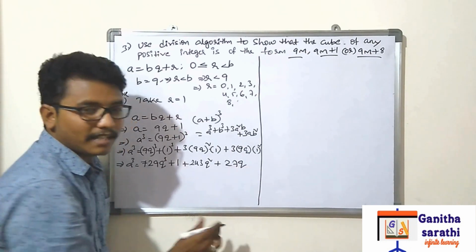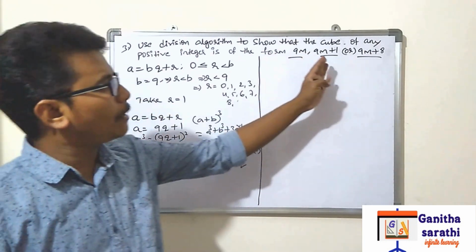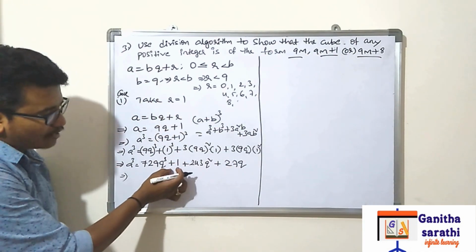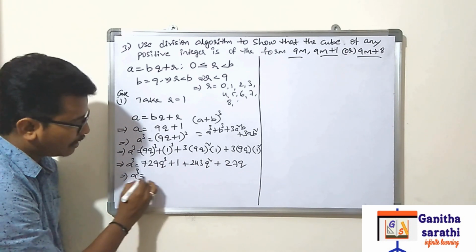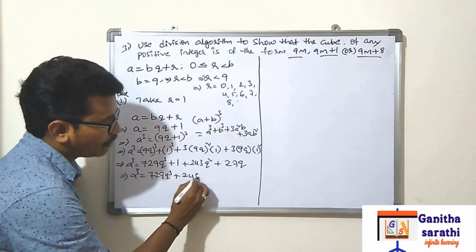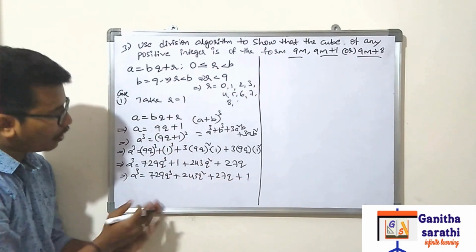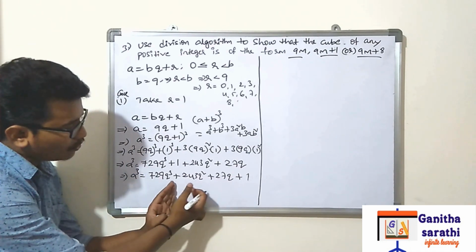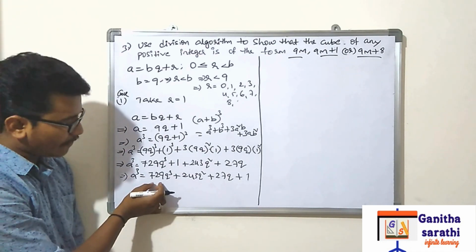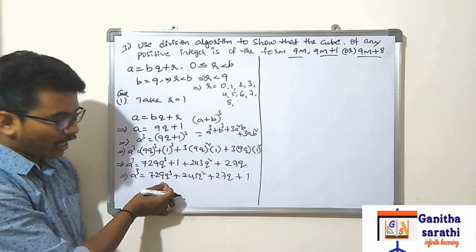Okay, now see, the form should be what? 9m plus 1 or 9m plus 8. Now we can make this a separate part. a cube is equal to 729 q cube plus 243 q square plus 27q plus 1. Now, can we divide these three values by 9? See, 729 is divisible by 9: 9 8s are 72, 9 1s are 9.